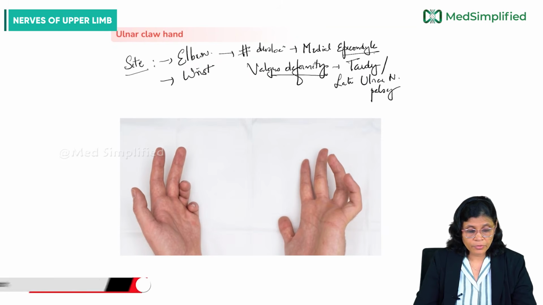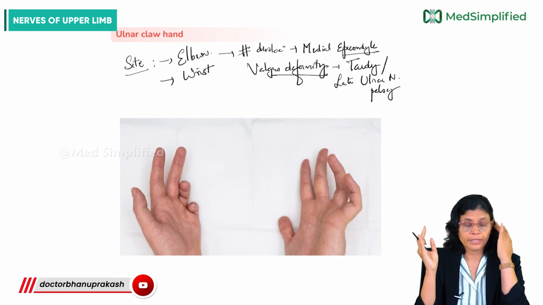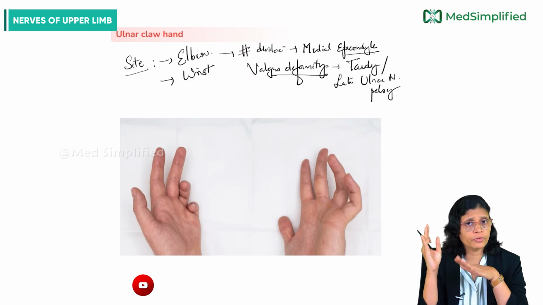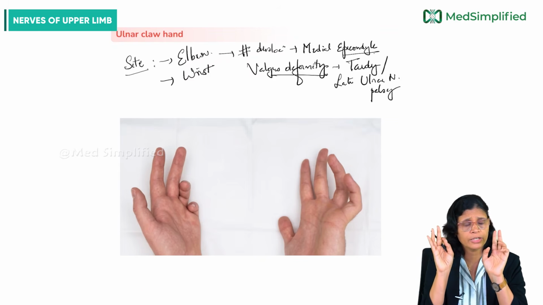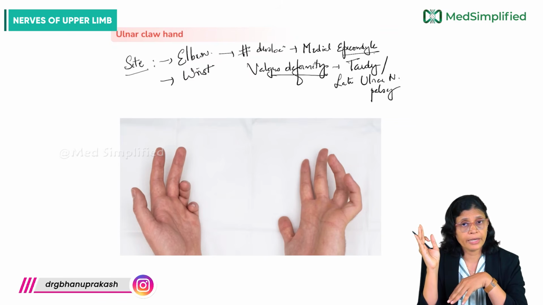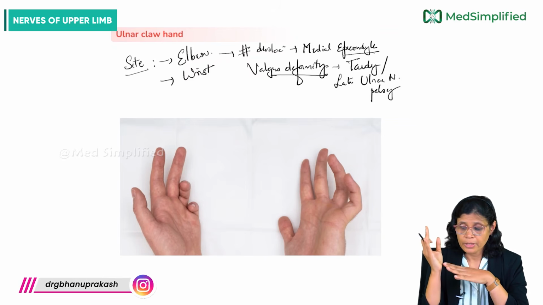So what are the characteristic clinical features here which we see? One is, we will go from here. In the forearm, the nerve supplies only two muscles, basically 1.5 muscles, that is the flexor carpi ulnaris muscle as well as the medial half of the flexor digitorum profundus.